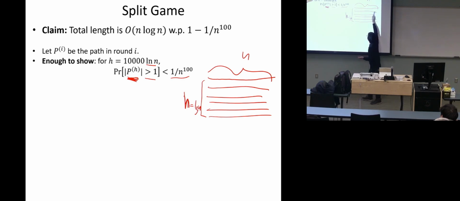So the total length, even in the worst case here, is just n log n. So all I need to show is that I should stop with high probability after something like 10,000 log n rounds. That's enough.